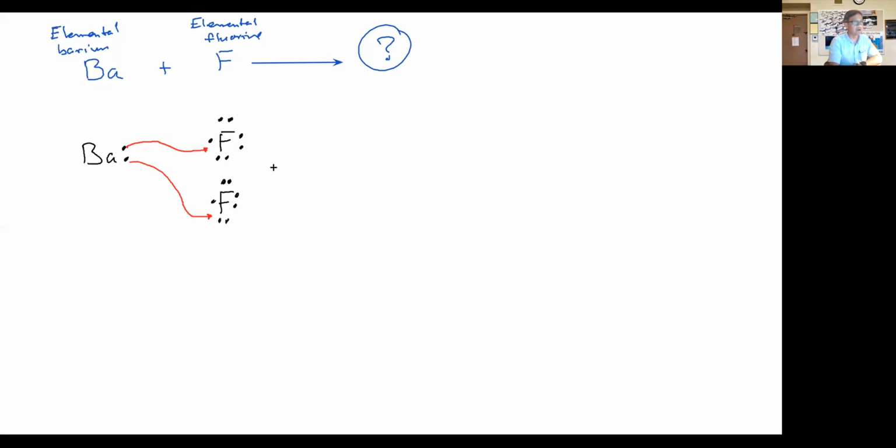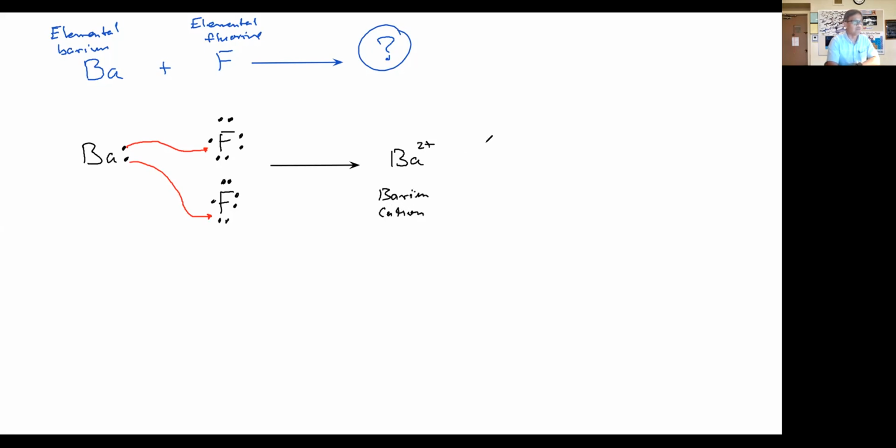Okay, so there are our elemental barium, and we need 2 elemental fluorines. And so when the ionization process is done, that is, they exchange electrons, we end up with the barium atom that has a positive 2 charge. So this is now the barium cation.